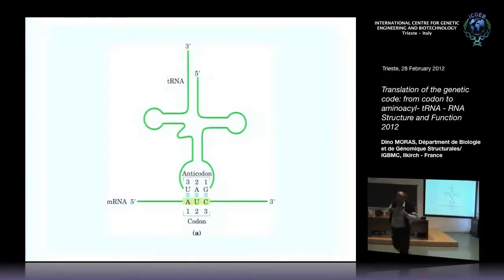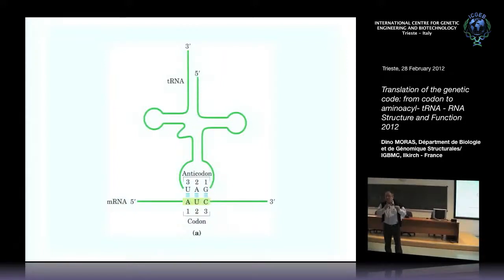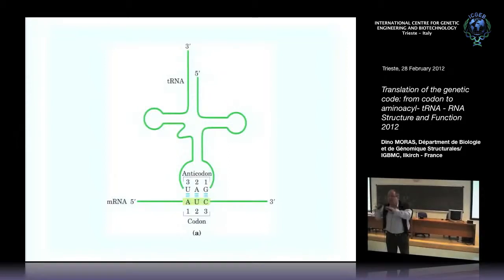So the trick that structural people use to have access to the structure from the functional point of view, sorry, the other way around, is to freeze functional states. You will see tomorrow when you decode the messenger RNA, the idea of Gula Yusupova was to have the right sequence that could make the messenger pause.